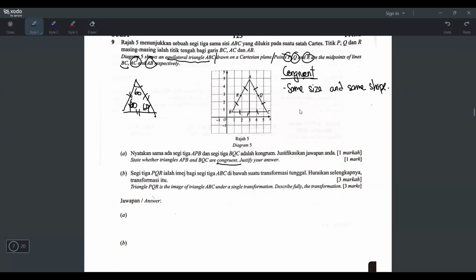Okay. If they give you a polygon like a triangle or pentagon or whatever shape they give you lah, and you want to check whether they are same size, same shape, you can look for the corresponding angles, corresponding lines, corresponding length lah. Yeah, I should write corresponding sides and corresponding angles.